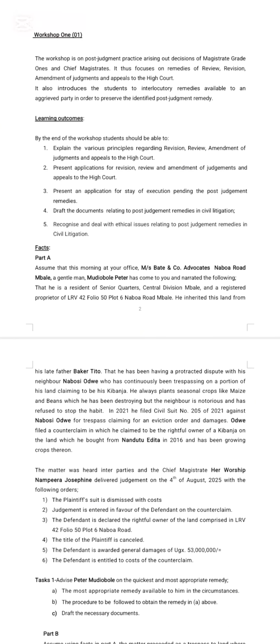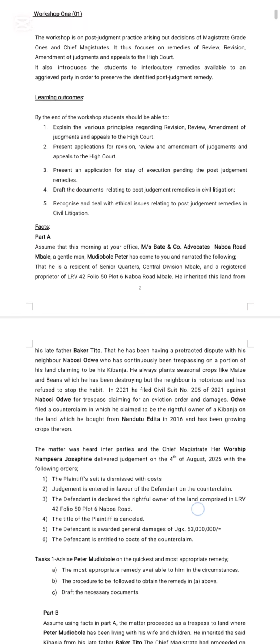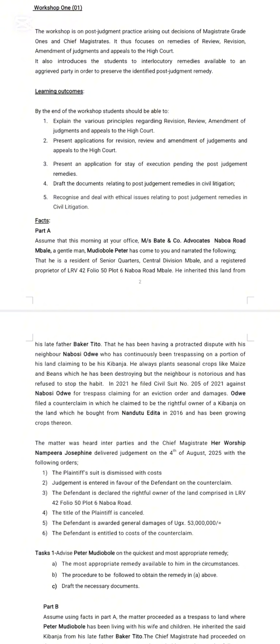So learning outcomes: explain the various principles regarding revision, review, and amendment of judgments and appeals to the High Court. Present applications for revision, review, and amendment of judgments and appeals to the High Court. So basically, we shall look at revision. Revision is exercised by the High Court. Review by the same court.